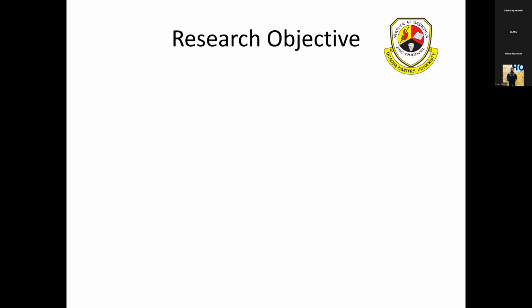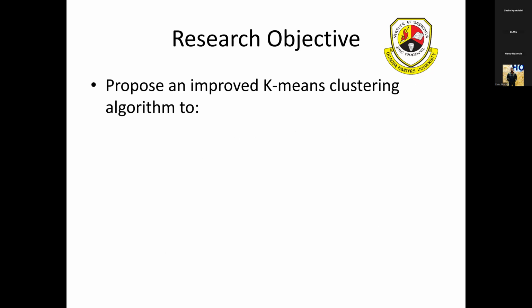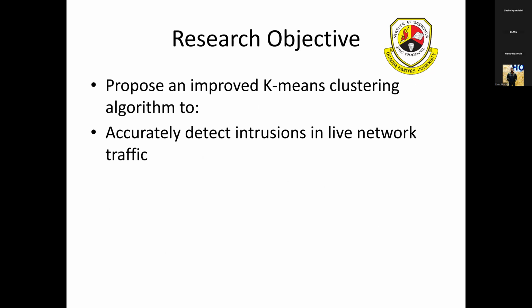What were the objectives of this article? So the authors were proposing an improved k-means clustering algorithm. And what was it to do? To accurately detect intrusions in live network traffic, as opposed to investigating packets of traffic after an incident has occurred.